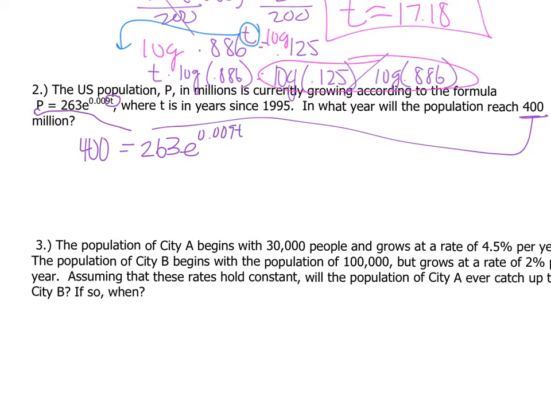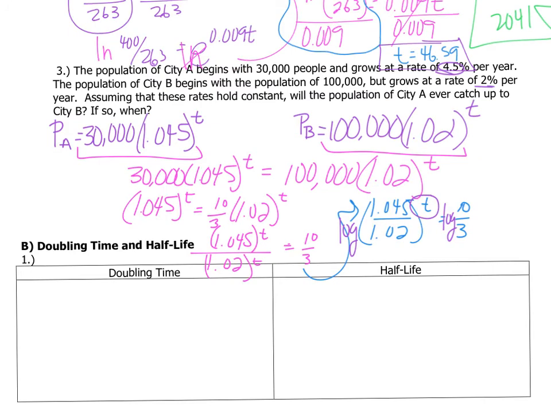Again, first isolating our base and exponent by dividing both sides by 263. Then taking the log of both sides, applying our power property, bringing that exponent of t down in front, so t times the log of 1.045 over 1.02 equals the log of 10 thirds, and then dividing both sides by this quantity.